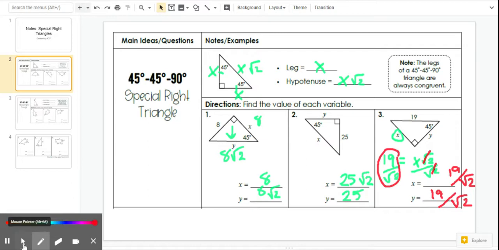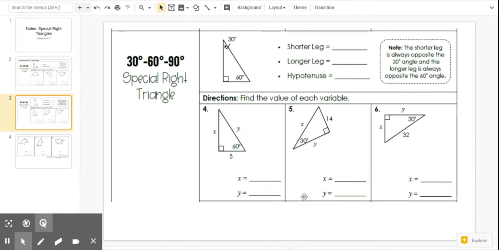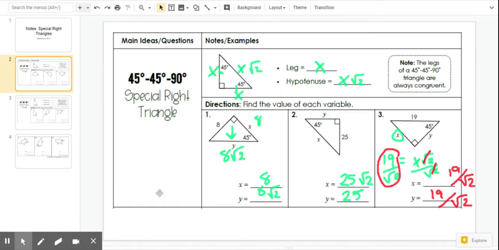And that's all there is to that. I will say one thing. In Algebra 2, you learned that you can't have a radical in the denominator. So in order to get rid of it, we're going to rationalize the denominator. So 19 over the square root of 2.